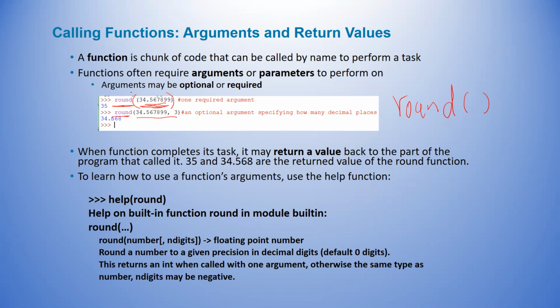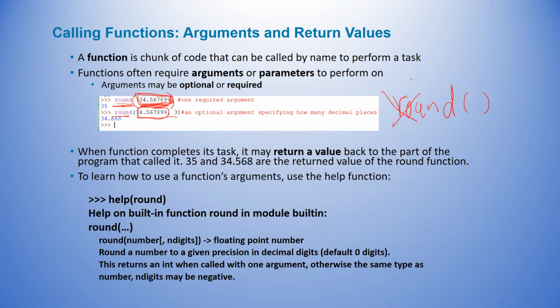So here, if you look at this round function, its argument, what data type is this, everybody? Do you think? What's the data type? Float. Float, right? So round, this is round. You don't have this. Okay, I'm just giving you an example.